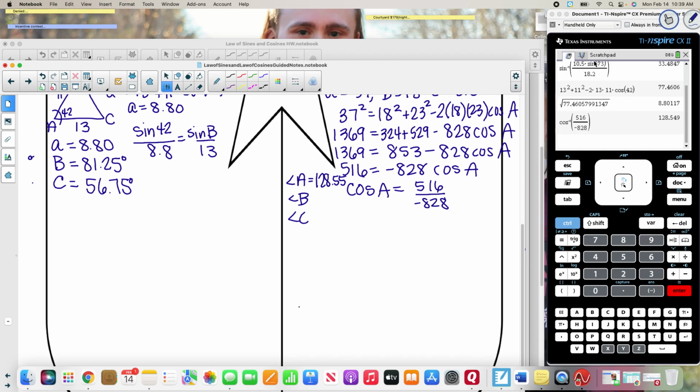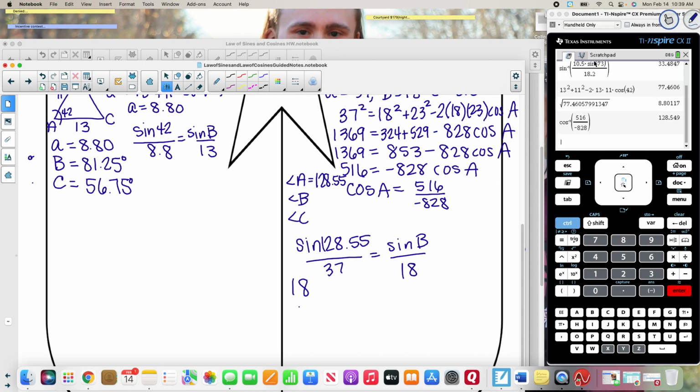So sine A, sine 128.55 over little a, which was 37, equals sine B over B, which is 18, right? So Elliot, when I set this up, I'm going to cross multiply.